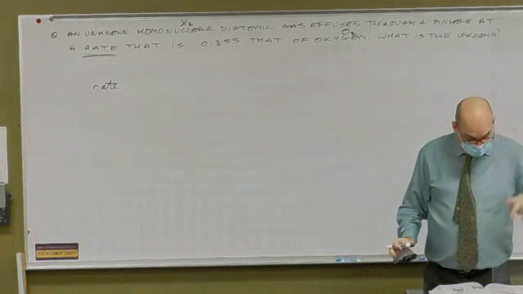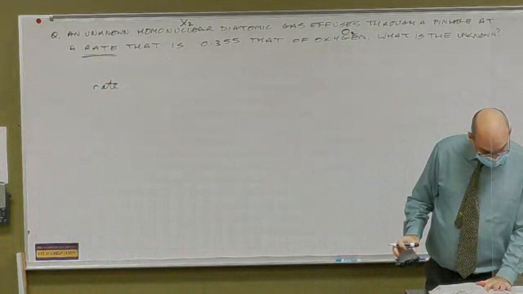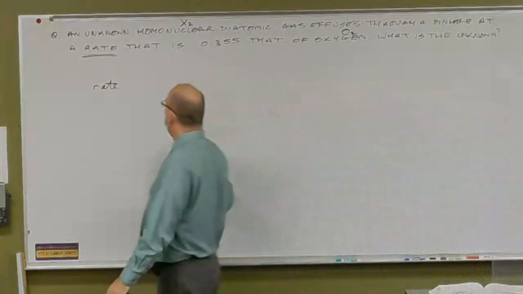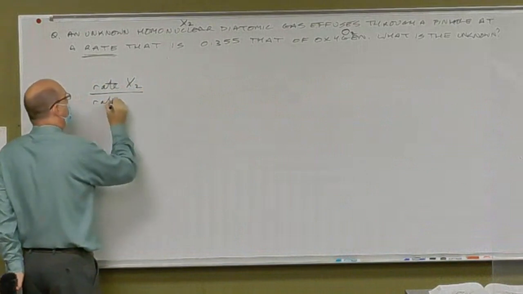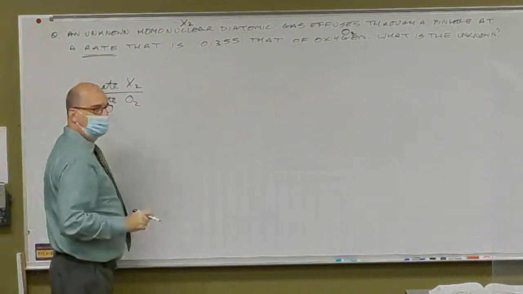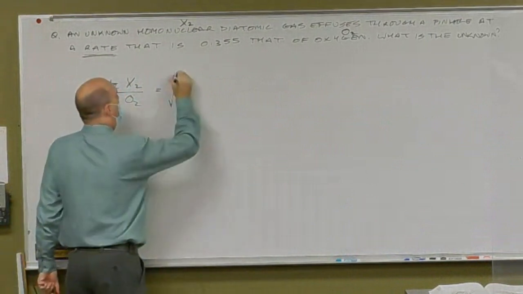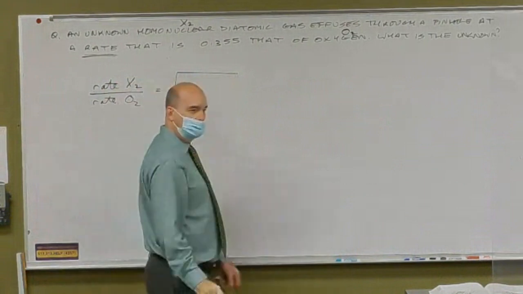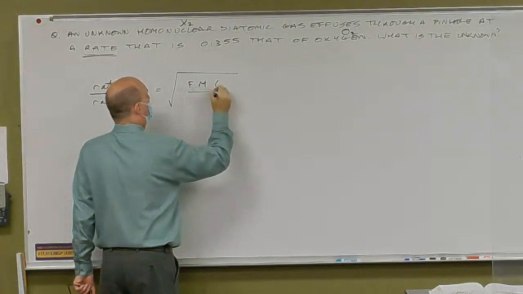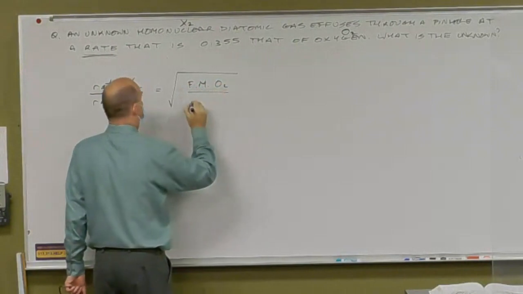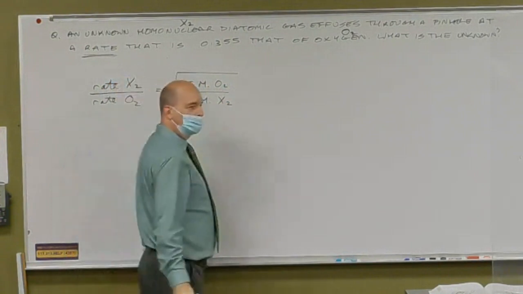It doesn't matter which one you put on the top and which one you put on the bottom. I'm just going to use the same numbers that it says in the book. The rate that it takes X2 to go through the hole divided by the rate that it takes O2 to go through the hole is equal to the square root of the formula mass of O2 divided by the formula mass of X2.